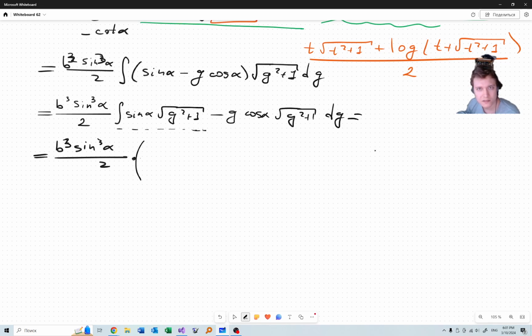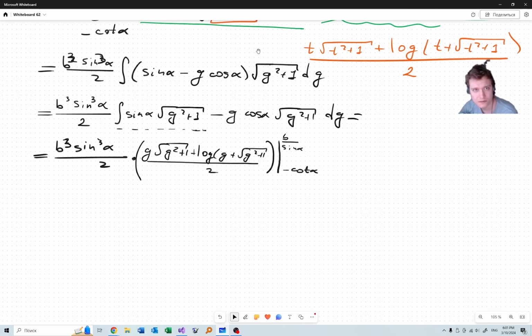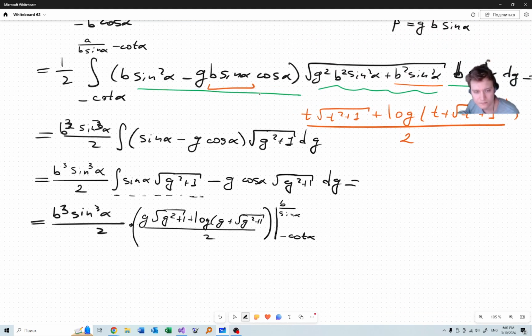We need to take this function and subtract it. So we need to take g square root of g squared plus 1 plus logarithm of g plus square root of g squared plus 1, over 2, double substitution of minus cotangent alpha and a over b sine alpha minus cotangent alpha. Minus everything here.